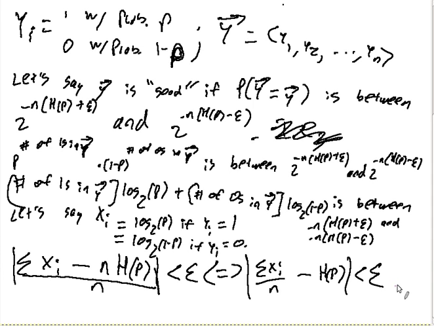And now finally, we can observe that the law of large numbers guarantees this will have probability 1 as n grows large, because h of p, which is p times log p plus 1 minus p times log 1 minus p, is equal to the expected value of these x sub i.